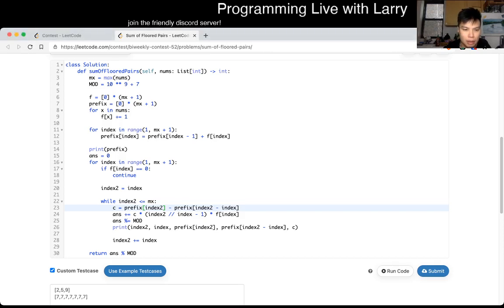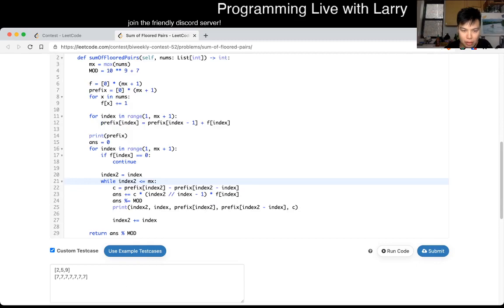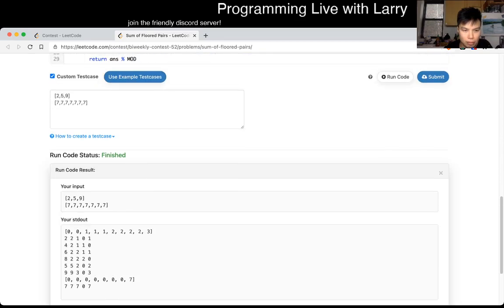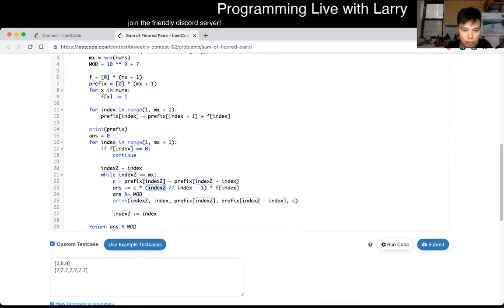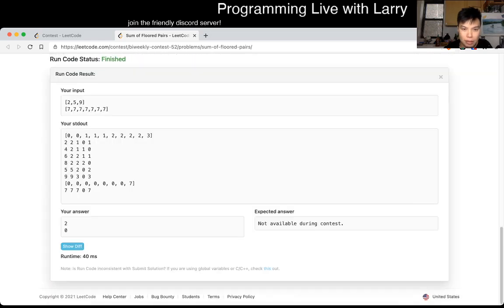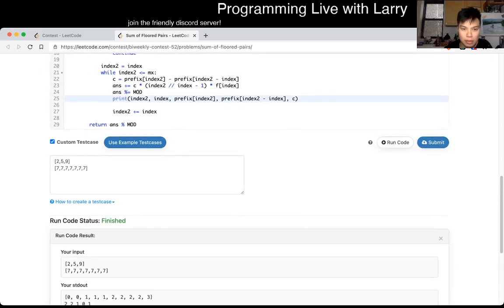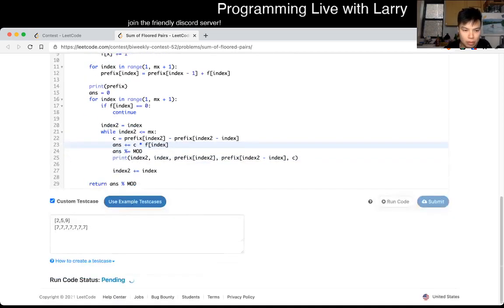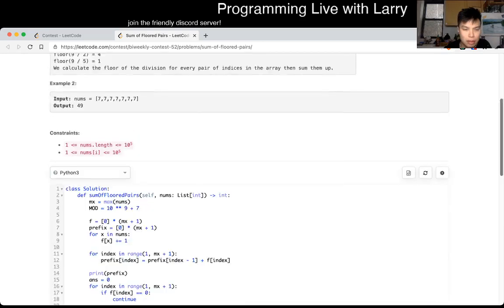So this is the count from I index times C. What am I doing wrong, Larry? Plus 10.